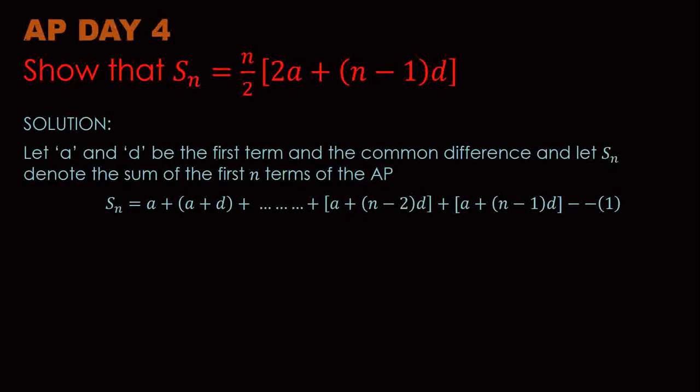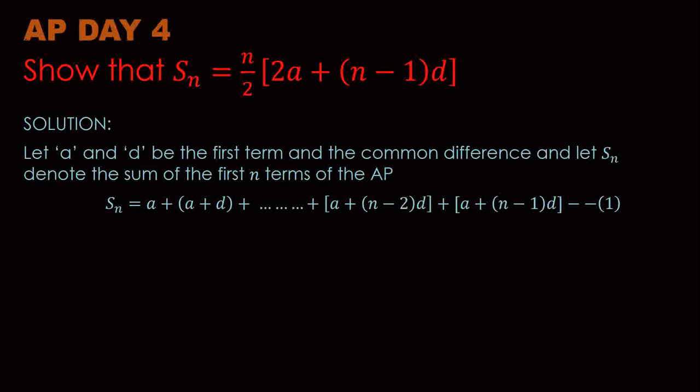Now in the next step, we're going to reverse the AP. The first term being a and the last term being a plus (n minus 1)d, we are going to reverse and write a plus (n minus 1)d as the first term, because for any given AP, if you reverse it, it is still an AP, just that the common difference is different.